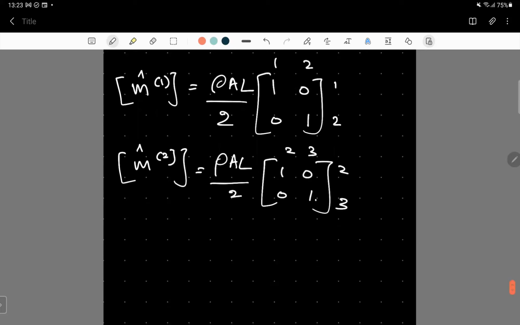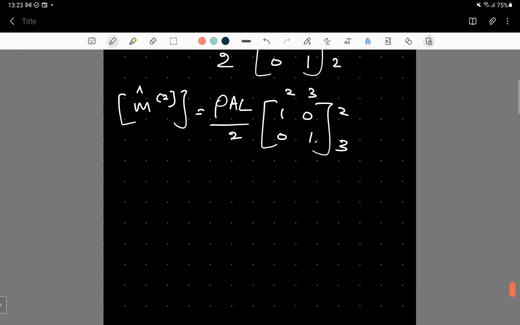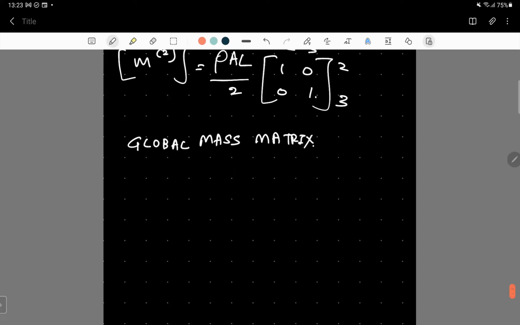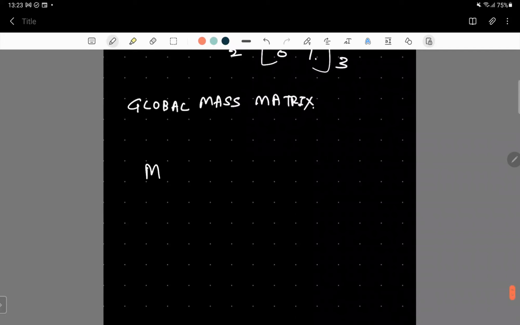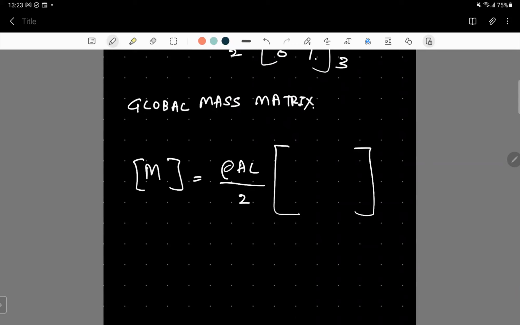So the mass matrices for each element are then assembled in the same manner as was done for the stiffness matrices. So now let's try to obtain the global mass matrix. The global mass matrix M corresponds to rho A L divided by 2, in the same way that we have added up the element stiffness matrices.